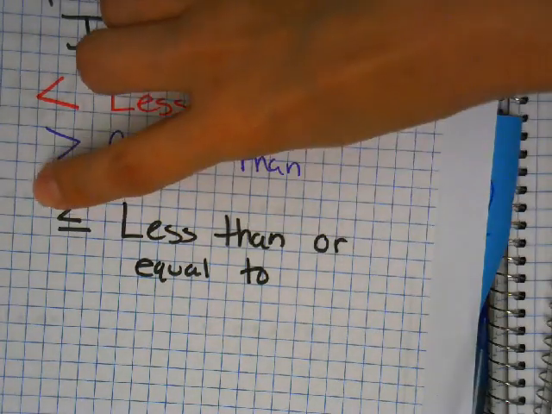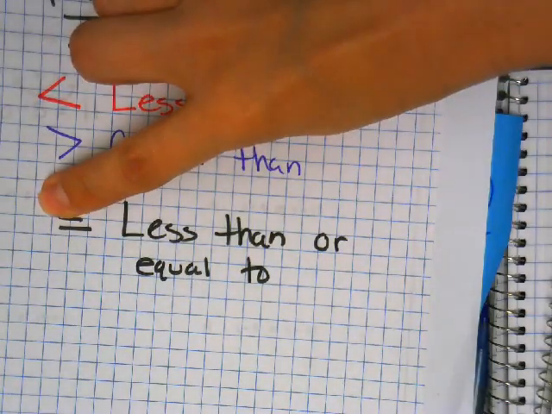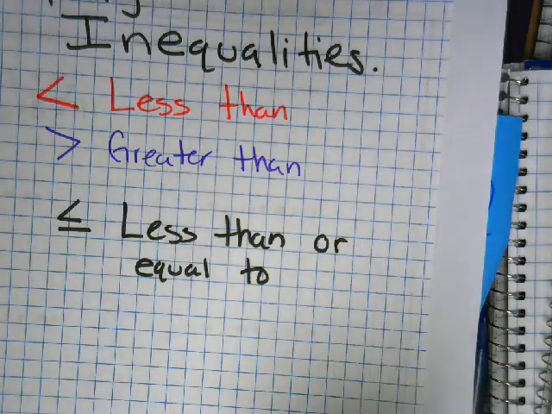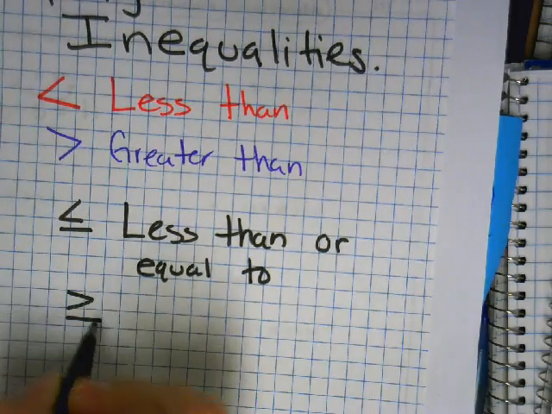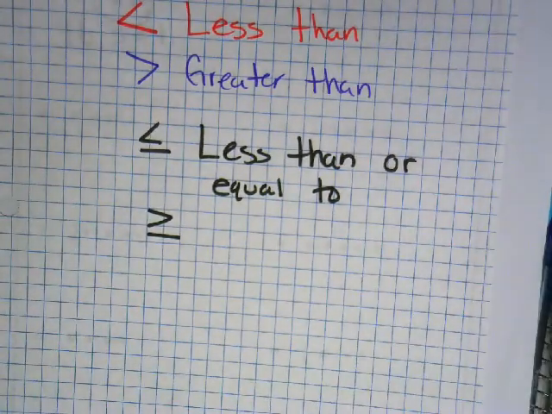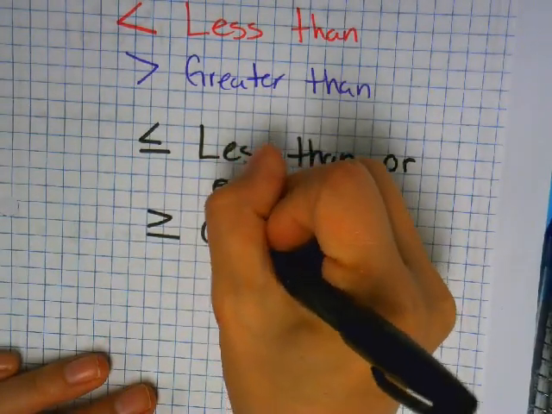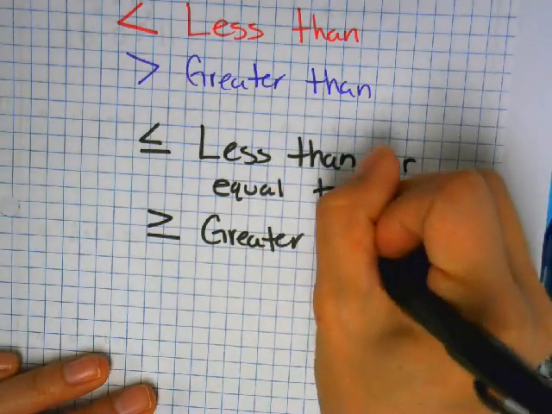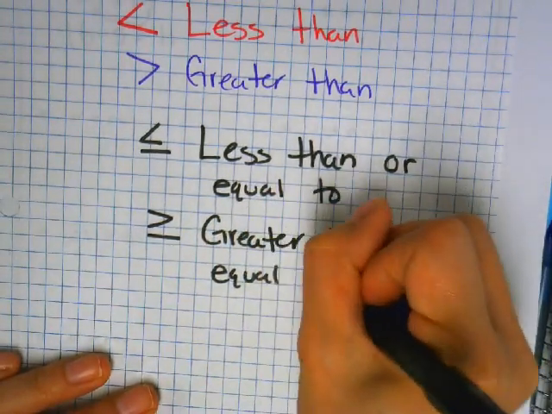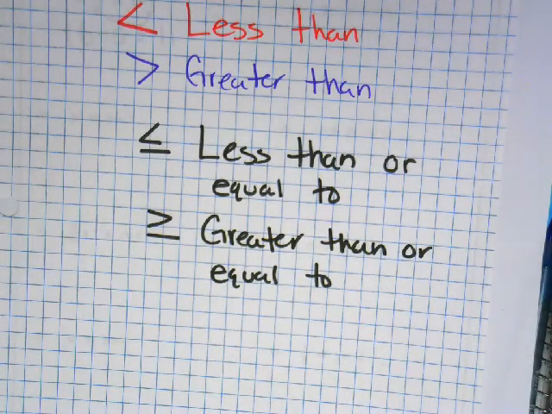Because if I cover this up, it looks like an equal sign, right? So it's like a combo effect. Who can tell me what that one's called? Greater than or equal to. Very good. Same thing. Greater than or equal to.